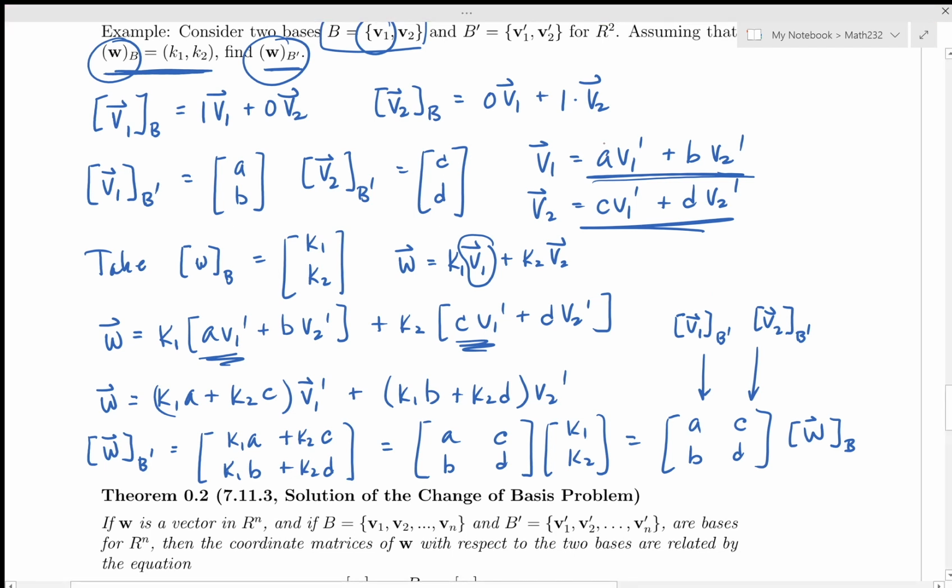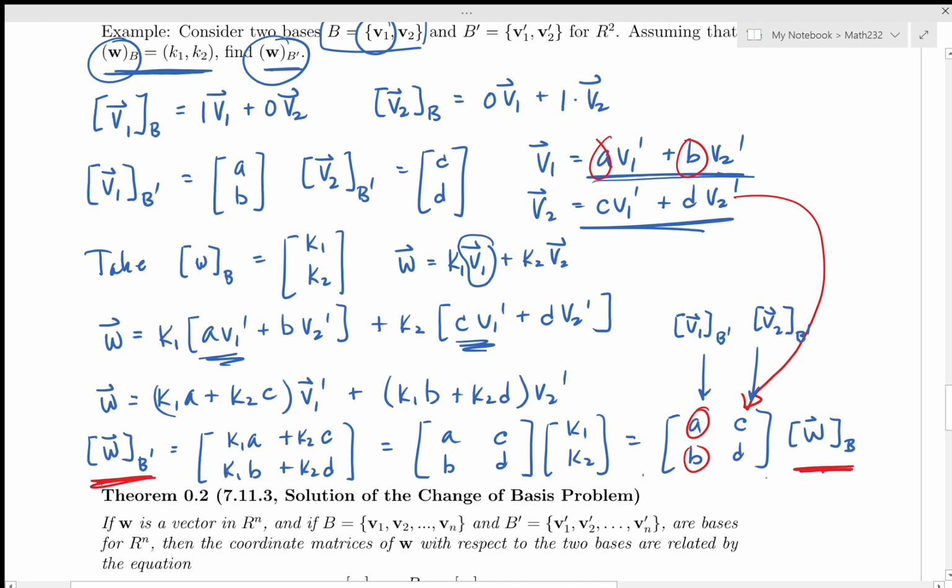We've got here a, b, and then here's the a, b. And then the other one is here, c, d. So this is a 2x2 example, but this is how we basically are going to change bases. On this side we've got w referenced to B, and over here we've got w referenced to B prime.